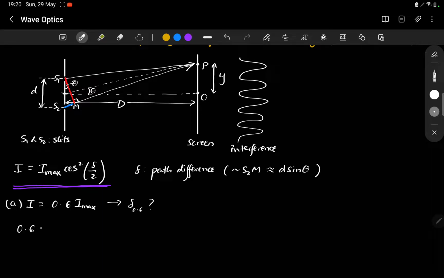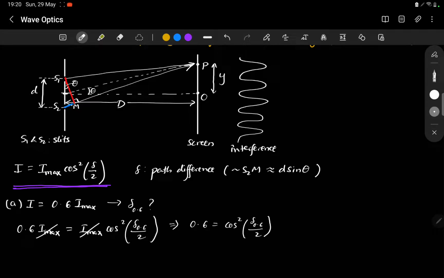So the I max cancels out. This gives us, from this, delta for 60% intensity is the following.